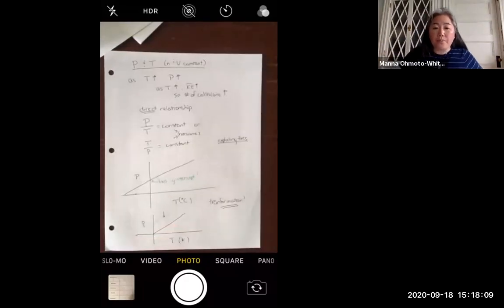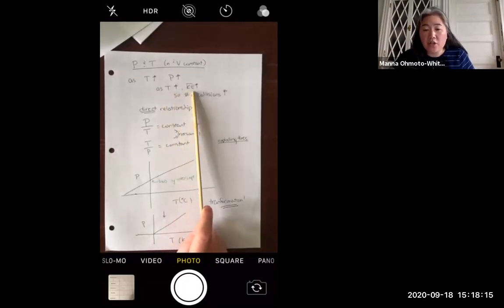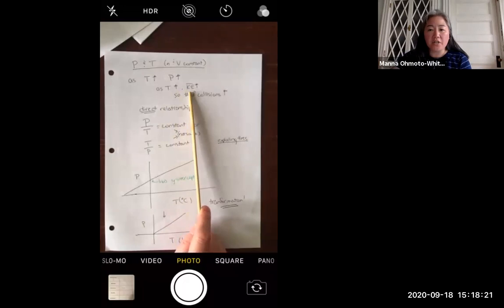Pressure and temperature. So it's a direct relationship. As I increase the temperature, the kinetic energy of the molecules increases because we define temperature as a measure of the average kinetic energy. Now remember that kinetic energy is 1/2 mv squared. The mass is not changing, which means that the velocity has to increase.